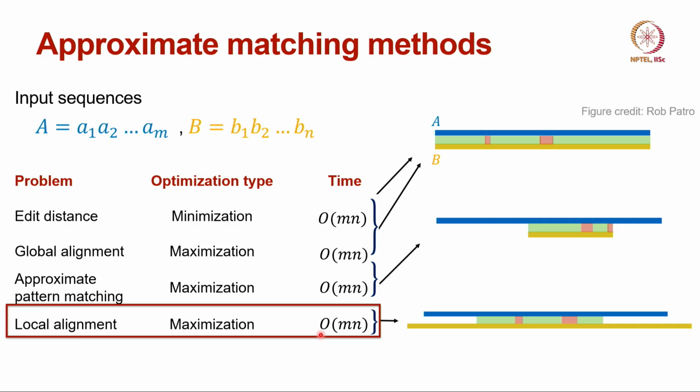One thing that is remarkable is that all these problem formulations are very different from each other, but it always turns out that they are solvable in order mn time, and the techniques that we are using for solving these problems are very similar to each other. That is, we are always relying on dynamic programming techniques to solve all these problems. So, let us dig deeper into the local alignment concept.